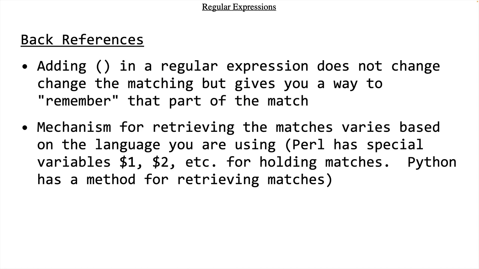Now, when I talked about quantifiers, I said quantifiers quantify whatever is in front of them. We've seen examples where there are single characters or dot, which represents a single character. But what I want to talk about now is character classes. And basically a character class is a list of characters in square brackets.